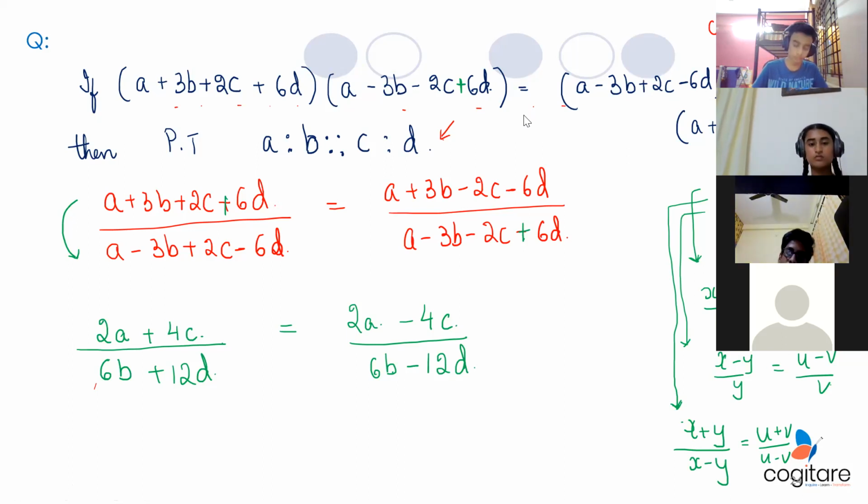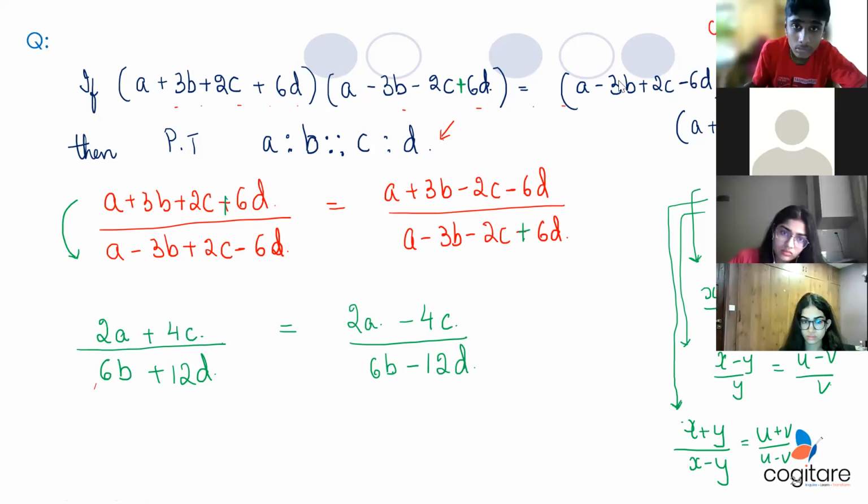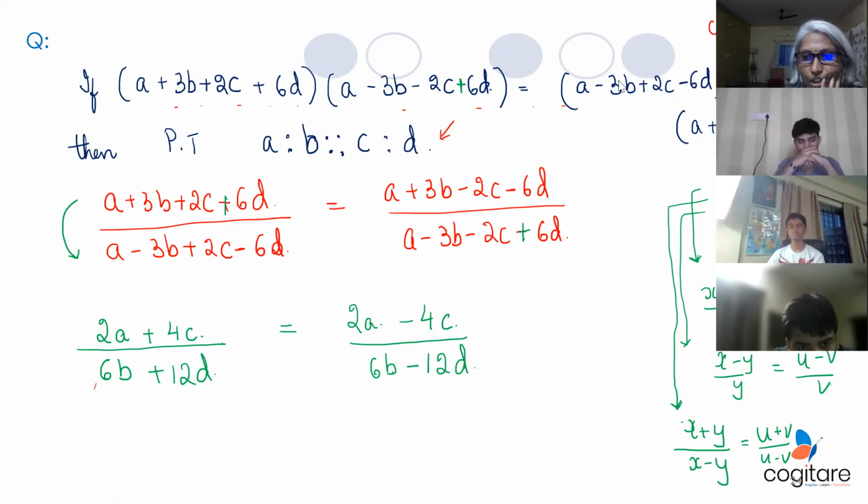Now, what can we do further? We want to simplify it further. What can we do? Ma'am, invertendo. Oh, sorry, alternando. Alternando. Chirayu, why do you want to apply alternando? Tell me.